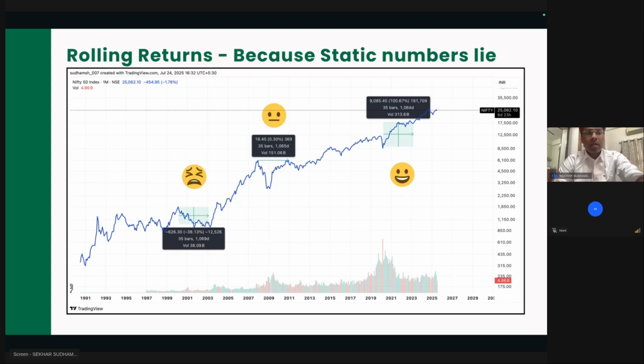So instead of looking at a static number, it is always prudent to check the rolling returns. Most of the investing or trading platforms that we see, I don't want to name them, don't give the rolling return, because that involves a bit of calculation and explanation to the investors about how it is calculated and what it means, and they don't have the patience to explain it, because they are in the process of making you transact, not making you educate.